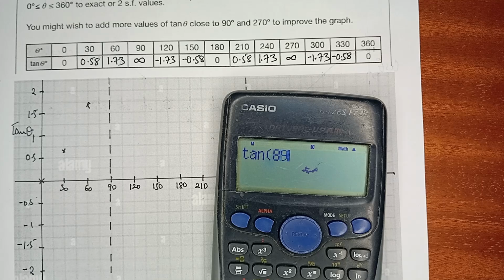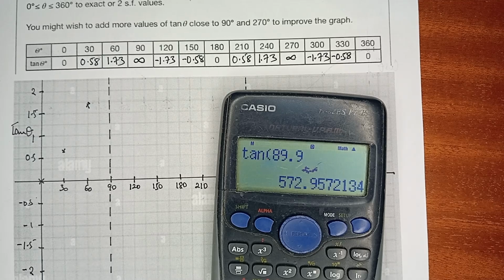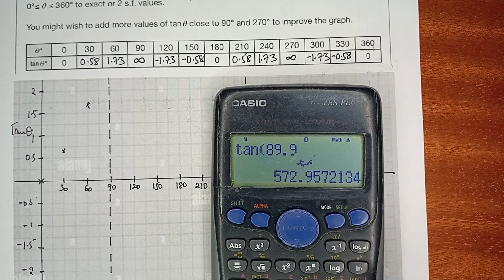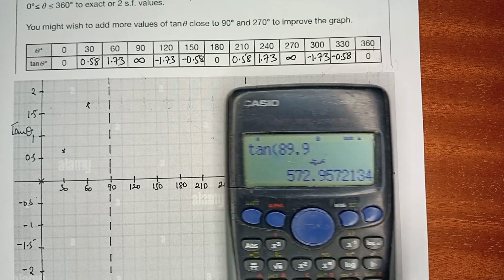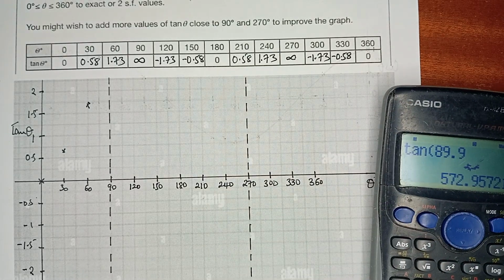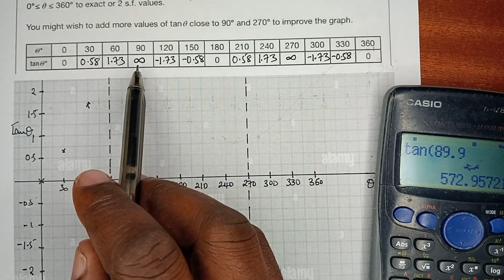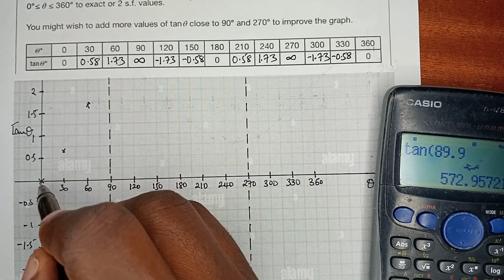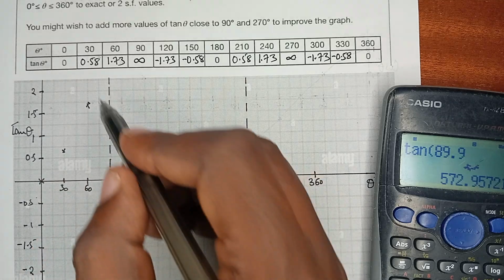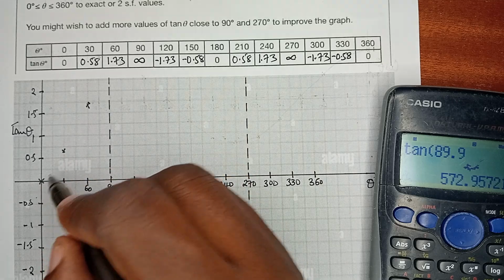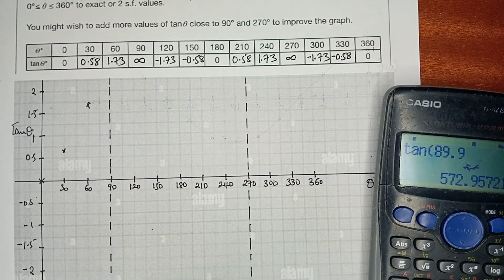So the tangent of 89 degrees is a very, very big figure, which is 57.2. What about the tangent of 89.9? You get a very, very big number, 572. So as we approach 90, the tangent increases exponentially, and due to this infinity aspect, the graph will never touch the 90. So it is going to have an asymptotic nature.